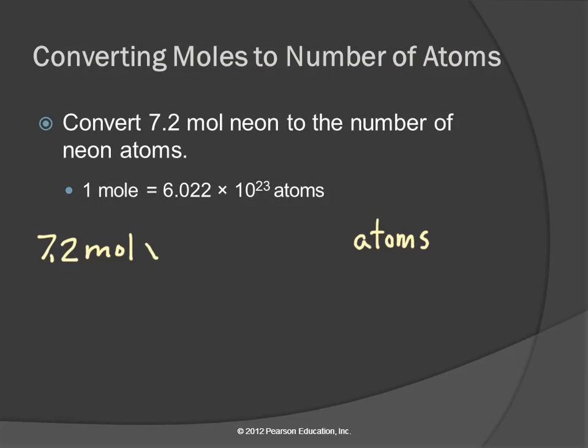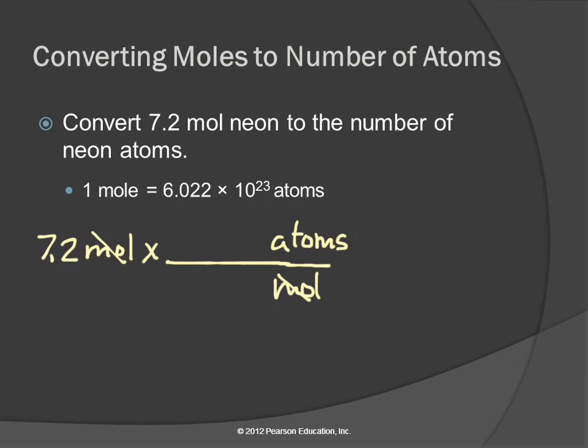So I'm going to multiply by number of atoms and I'm going to divide by moles, just so the units work out. And here's my relationship. 1 mole equals Avogadro's number of atoms, just like 1 dozen equals 12 things. Okay?